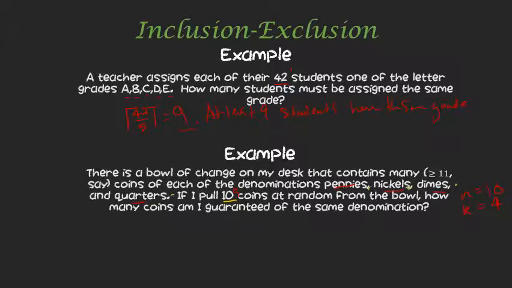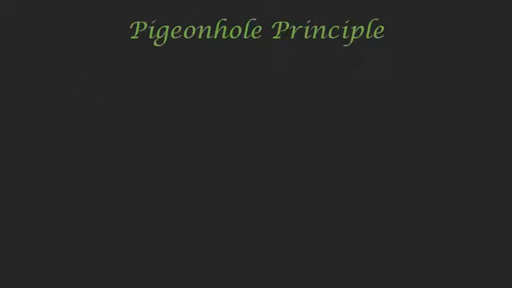And so the Pigeonhole Principle tells me that there are ceiling of 10 over 4, which is 3 of the same kind. No matter how I did that, in any situation, I would have at least 3 of the same kind. Again, I can't guarantee any particular kind, can't tell you what it is, but there'll definitely be 3 of the same kind in there.